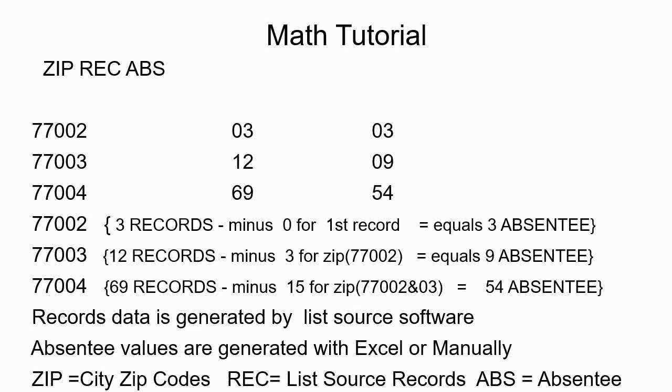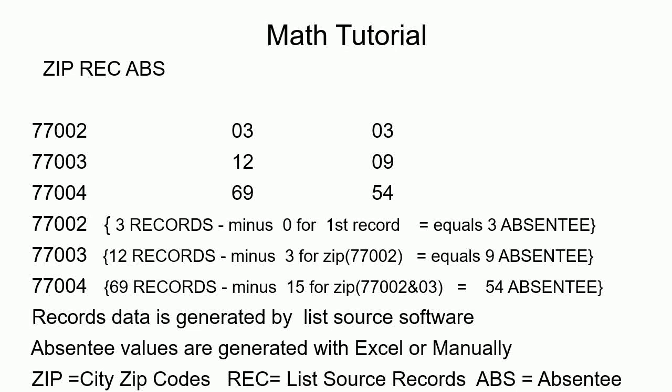After entering zip code 77002, 3 absentee records are generated. The first zip code record total will always equal the absentee total. The record and the absentee total are both entered into the Excel spreadsheet. After inputting zip code 77003 into the zip code box, we receive a record total of 12.